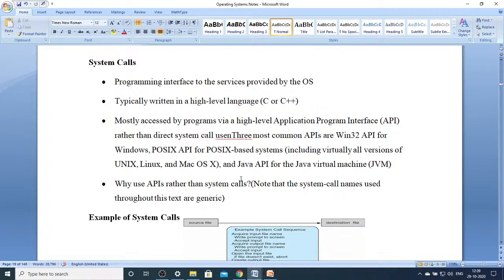Whether the question is asked as computing environments or evolution of operating systems, you need to write down these six: batch operating systems first, then multi-programmed operating systems, then time sharing operating systems, then distributed systems, then multimedia systems, and lastly handheld systems, where the devices are held in your hand.